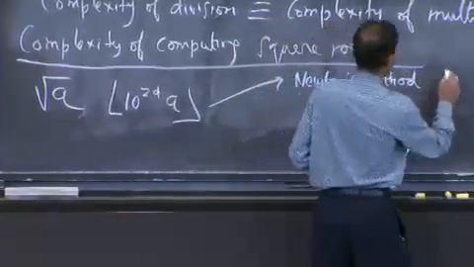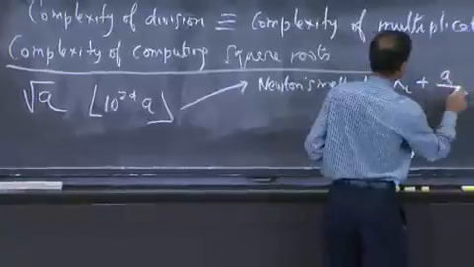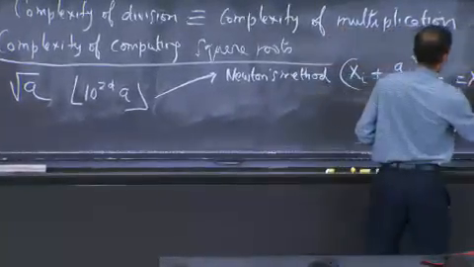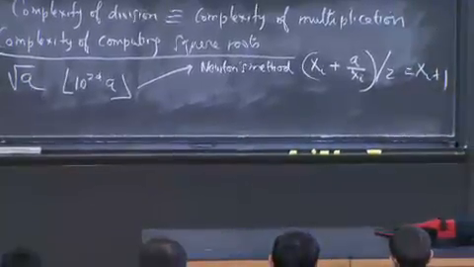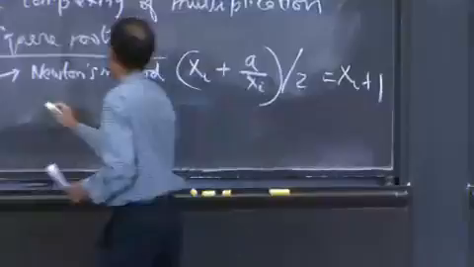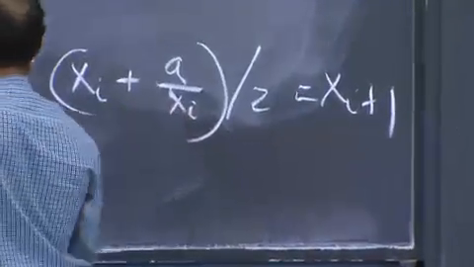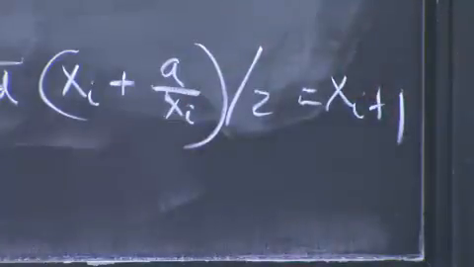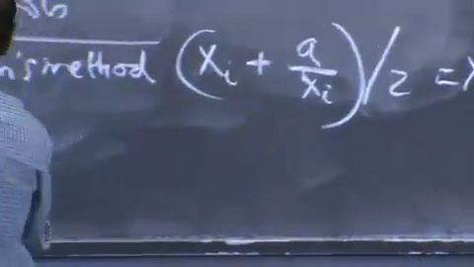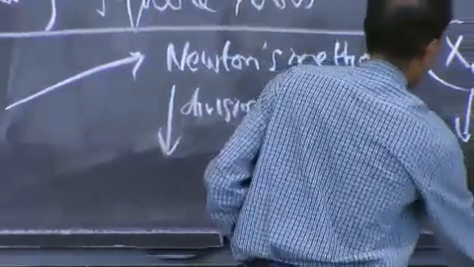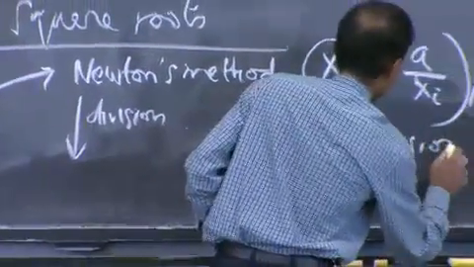And the iteration here with respect to the Newton's method is something like x_{i+1} equals (x_i plus a divided by x_i) over 2. Every time you do that for a particular x_i, you're going to end up having to call a division. So you're going to call a division here, and then you're going to call a division here.